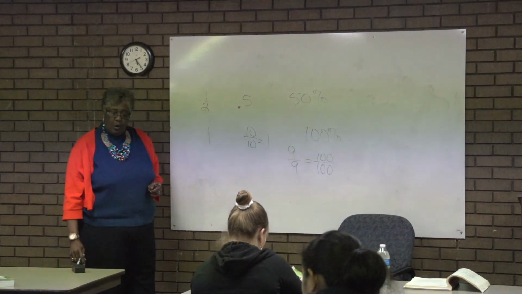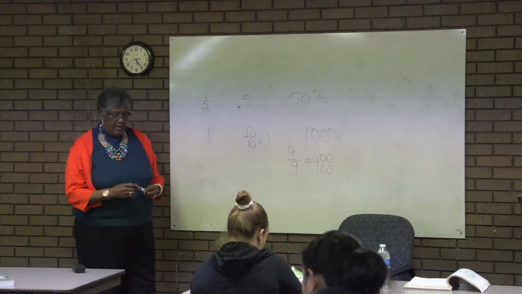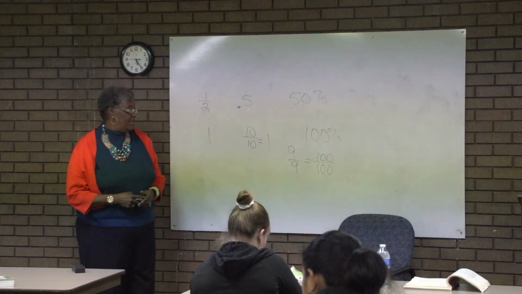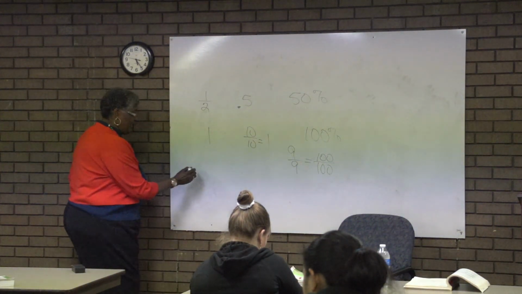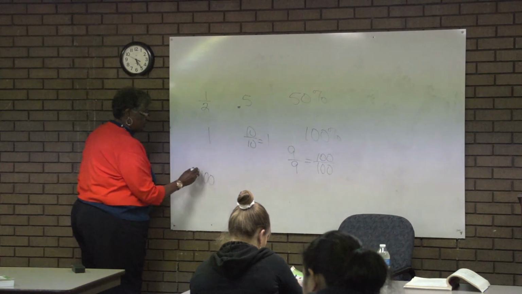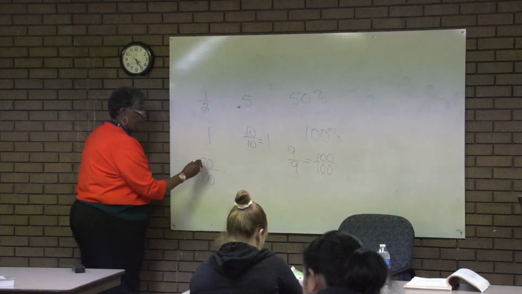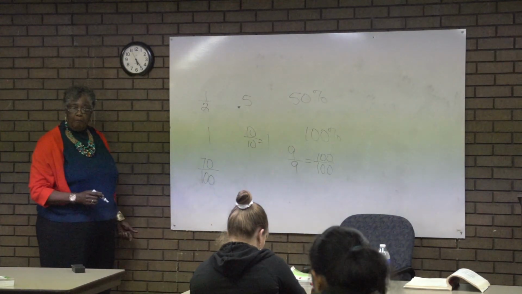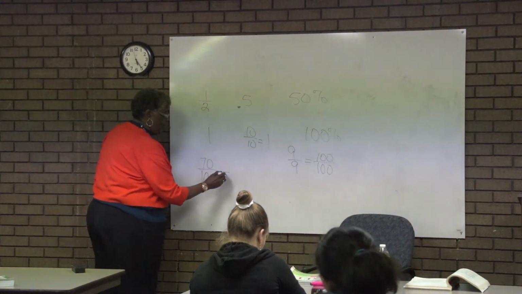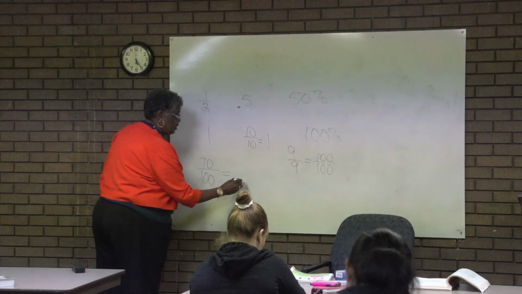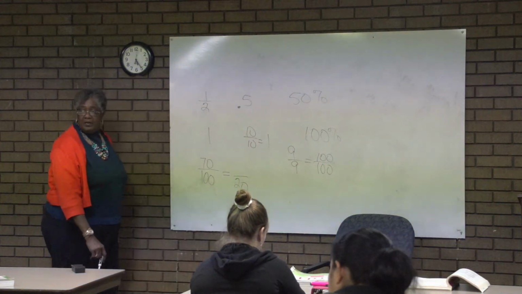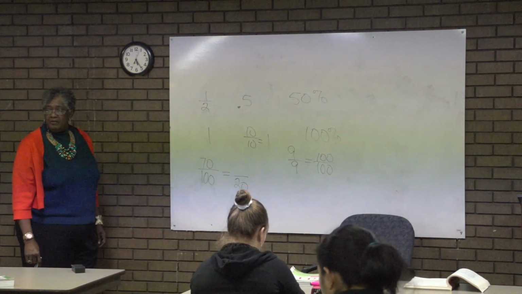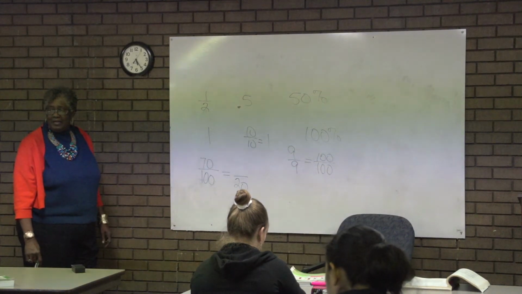So, when you say he got 70% on the test, you are saying that if there were 100 questions on the test, he would have gotten 70 of them right. That's what you're saying. But maybe there are only 20 questions on your test. That's not 20%.